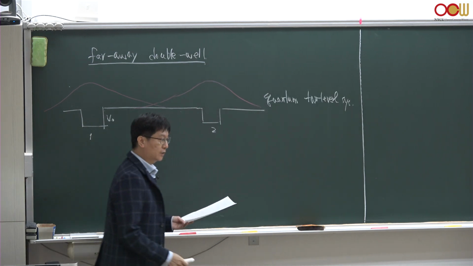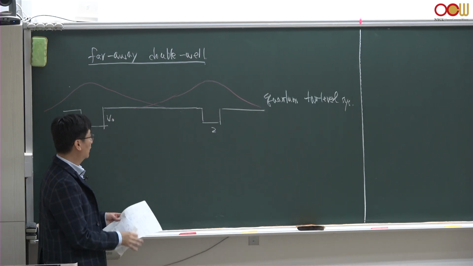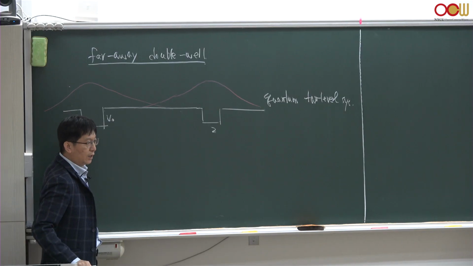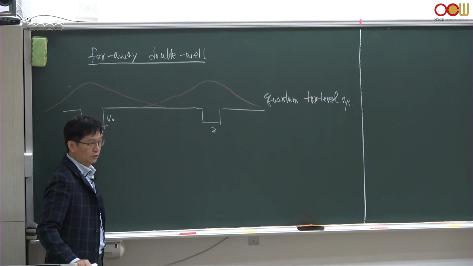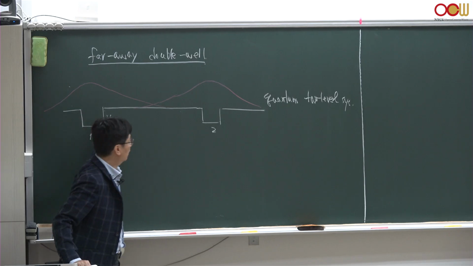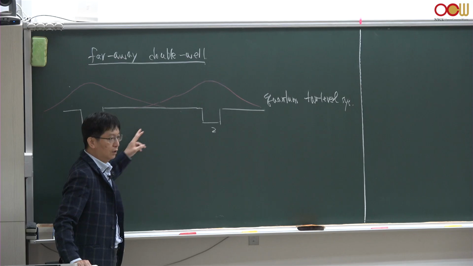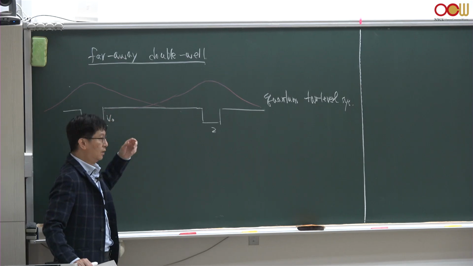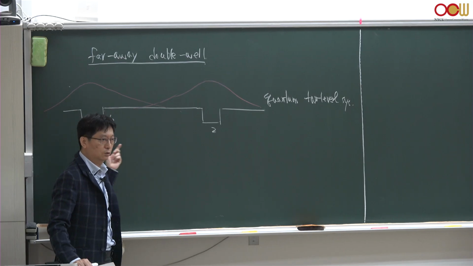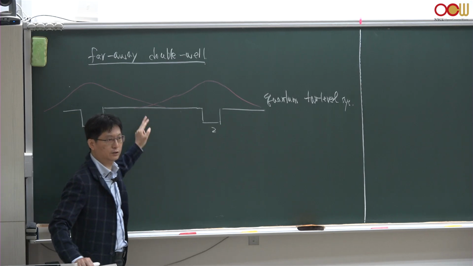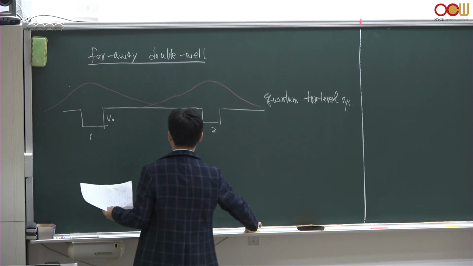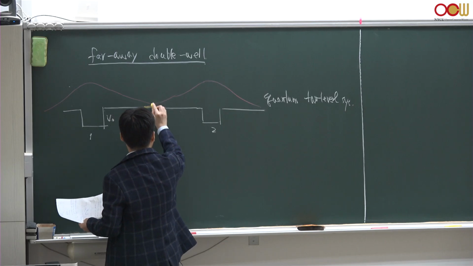So this is the simplest example of a quantum two-well system, where the particle trapped in one of the wells is not trapped forever. It can go through this oscillation between these two wells. The reason is the overlap between these two approximated single well wave functions.